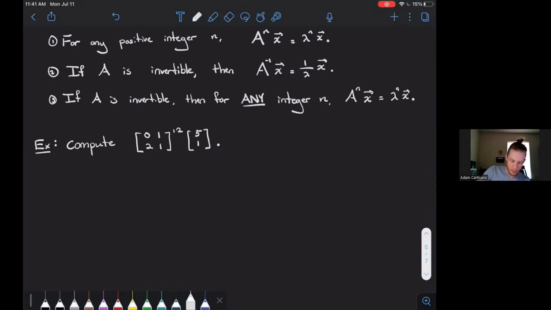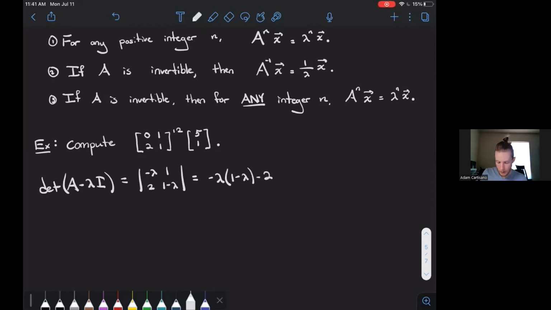So the characteristic polynomial of A is the determinant of A minus lambda I, which is the determinant of [-lambda, 2; 1, 1 minus lambda], which is negative lambda times 1 minus lambda, minus 2, which is lambda squared minus lambda minus 2. Okay, I'll write that. Lambda squared minus lambda minus 2, which factors as lambda minus 2 times lambda plus 1.